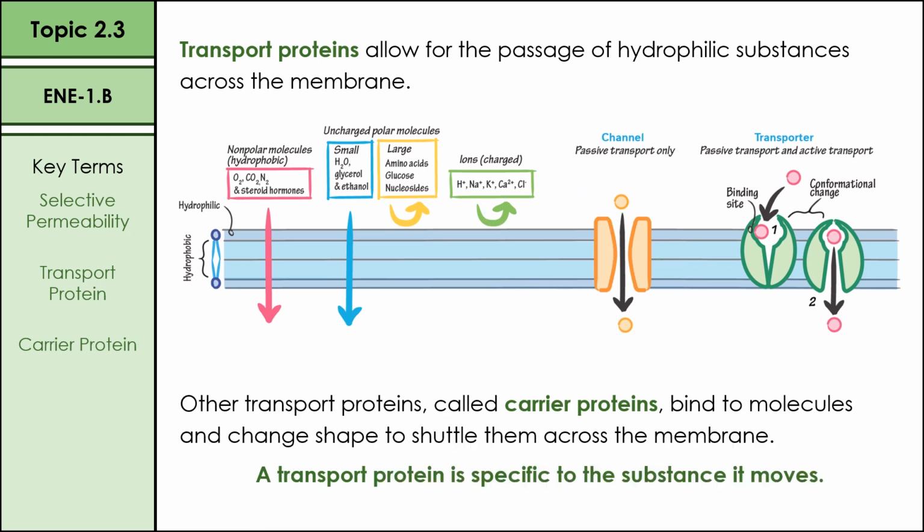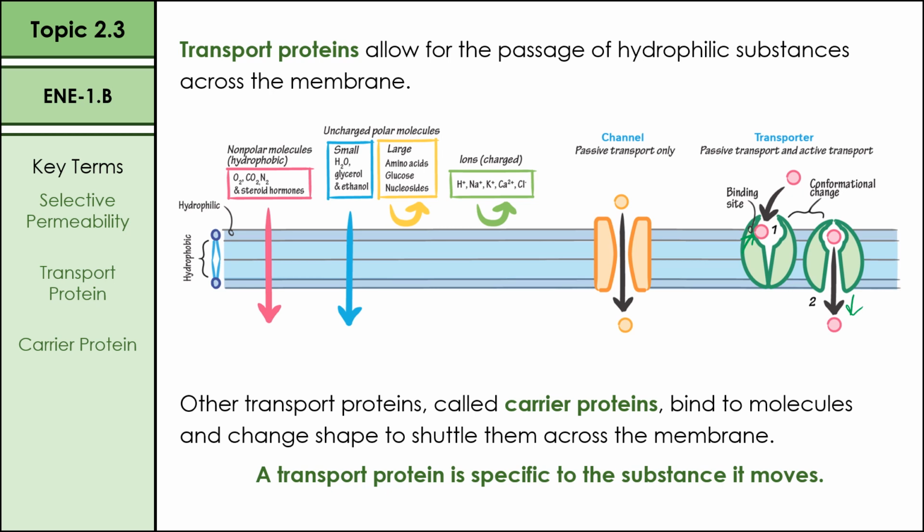They may instead use something called a carrier protein. So carrier proteins involve the binding of molecules that cause conformational or shape changes that allow for that channel to open and allow our molecule to pass through.